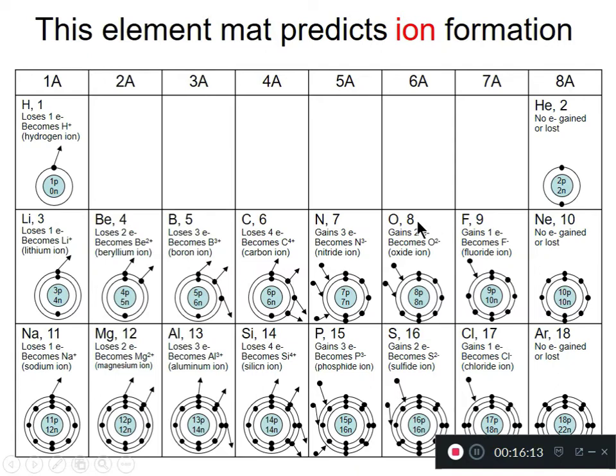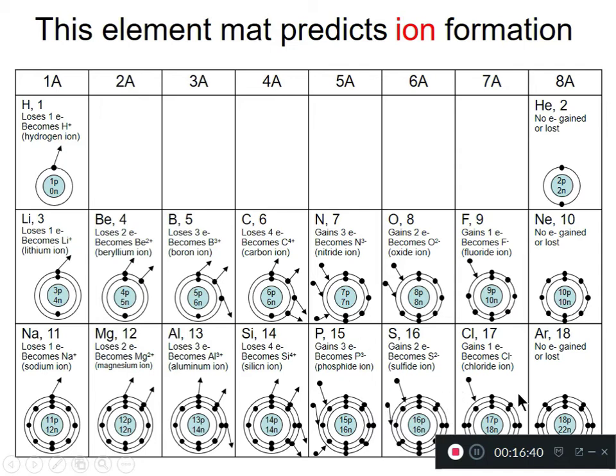If oxygen gains 2, I would have 8 electrons in that highest occupied orbit. Fluorine, once it gains 1, I'll have 8. Neon already has 8 in its highest occupied orbit.